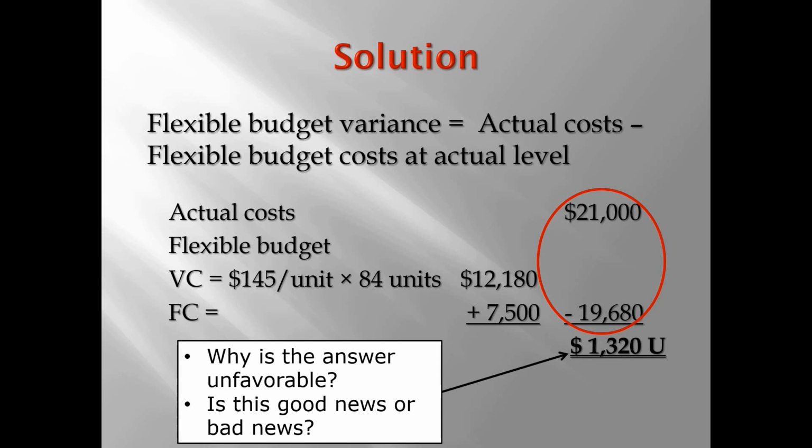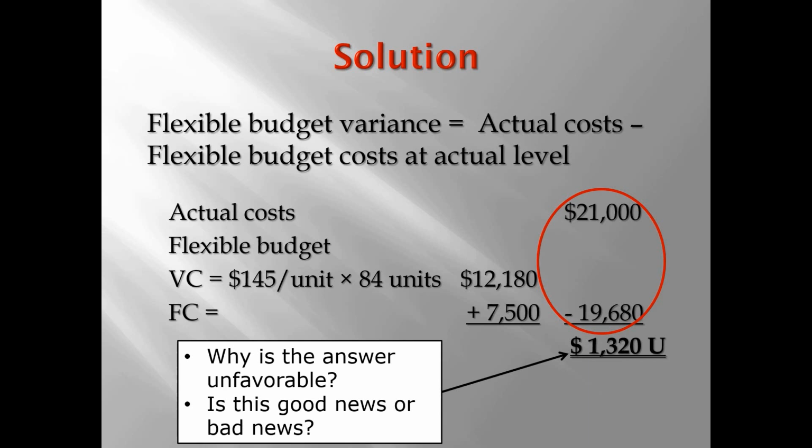In that case, it's a signal to the firm to change some of their budget estimates for the coming period. On the other hand, it may be that the firm didn't shop very well for some of their flexible budget items, so they spent more unnecessarily.